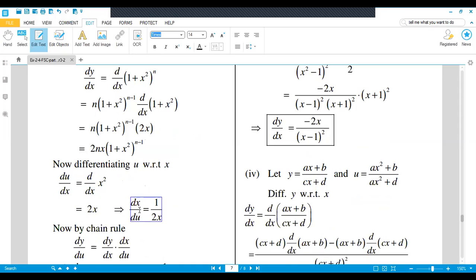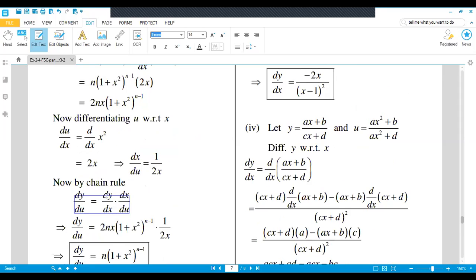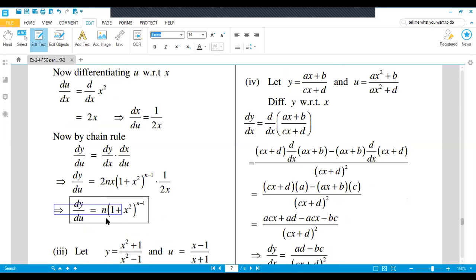So you want dx by du, so you write its reciprocal 1 over 2x. Now by chain rule, dy by du is dy by dx into dx by du. Now you put values in these two. So this is 2nx into 1 plus x square power n minus 1, and this is 1 over 2x. So 2x and 2x cancel, and you get n into 1 plus x square power n minus 1.